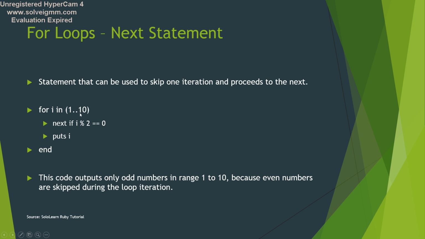If a number divided by 2 has a remainder other than 0, it is not skipped. If i modulo 2 is equal to 0, it will be skipped from the iteration, or else it will be printed. So this code prints only odd numbers in range 1 to 10, because even numbers are skipped during the loop iteration.